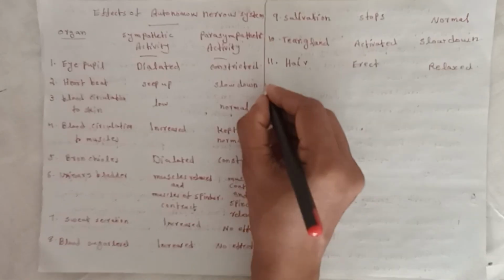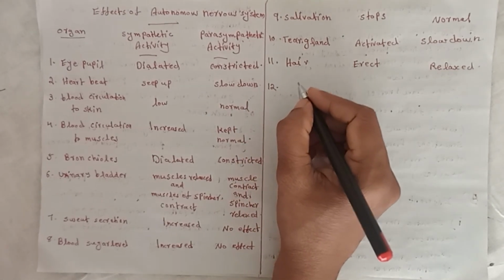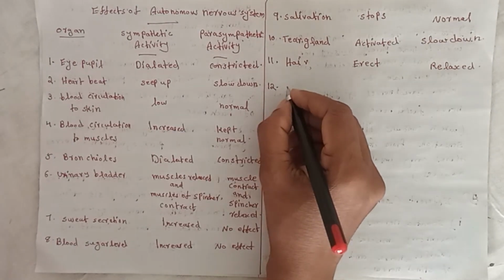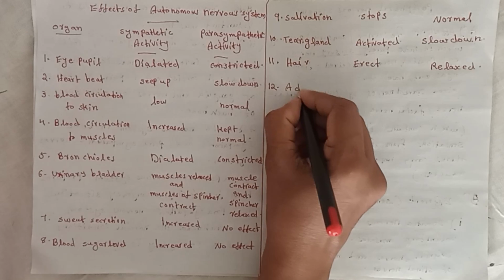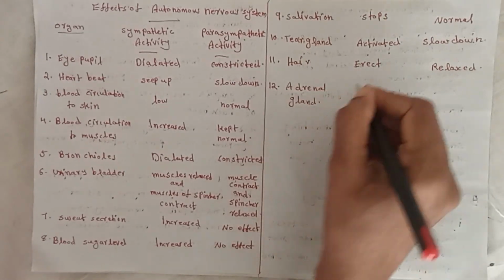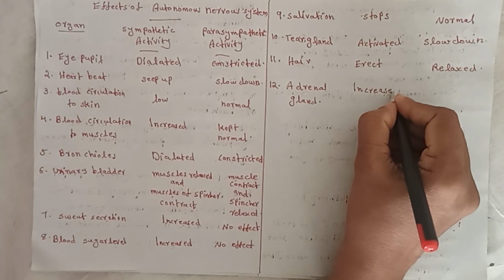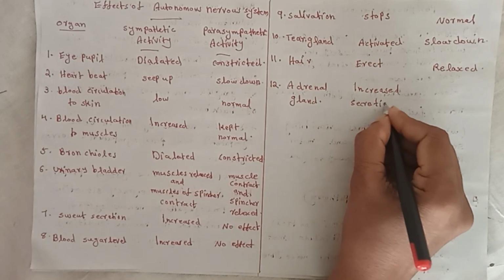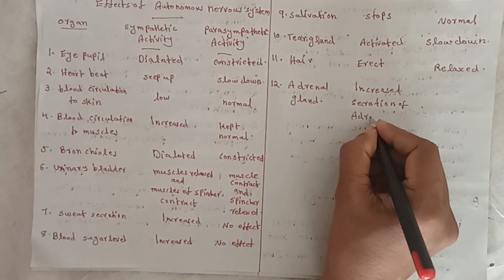Adrenal gland, situated on the top of each kidney, secretes adrenaline. The adrenal gland increases secretion of adrenaline.